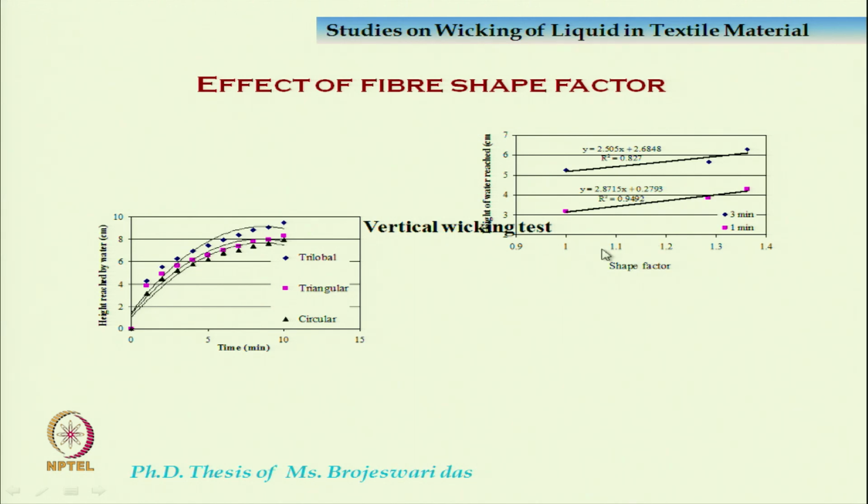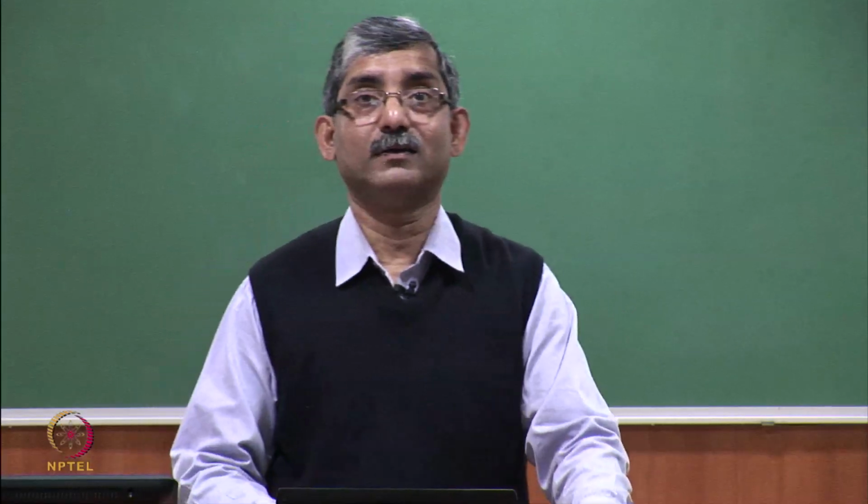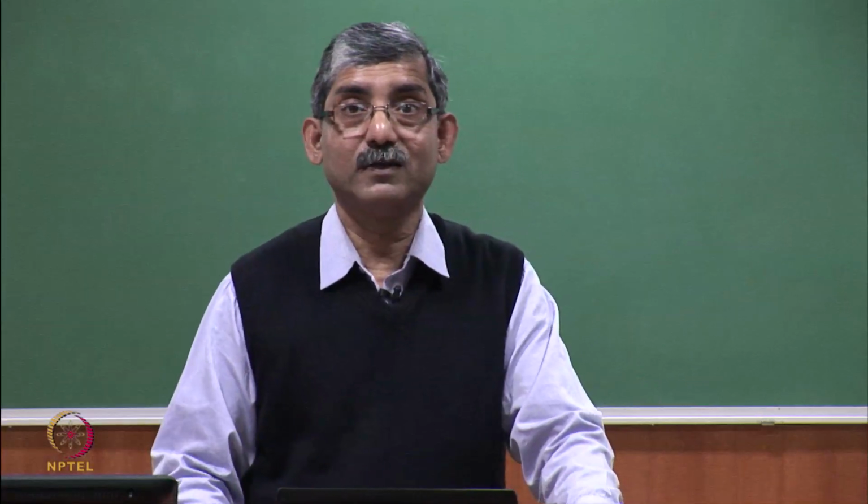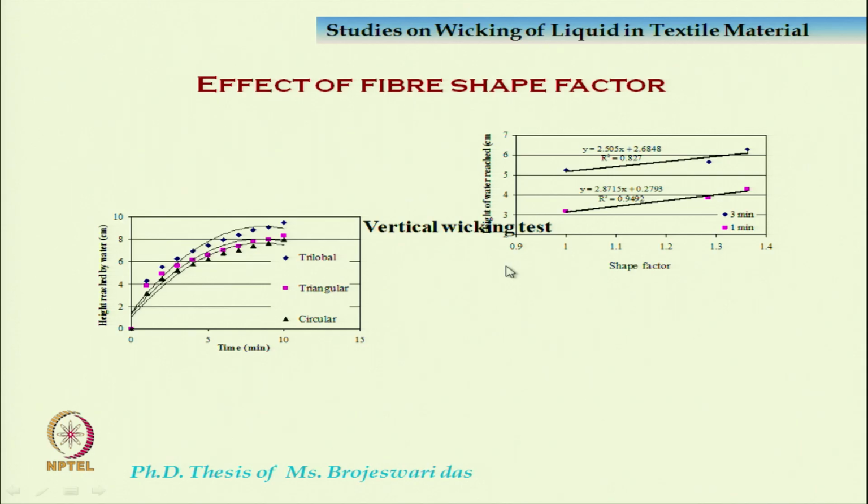As the shape factor of the polyester filament increases, the wickability also increases, the wicking height increases. This is mainly due to enhanced wetting and reduction in theta. So, higher shape factor, higher capillary pressure. Capillary pressure increases with the increase in shape factor.